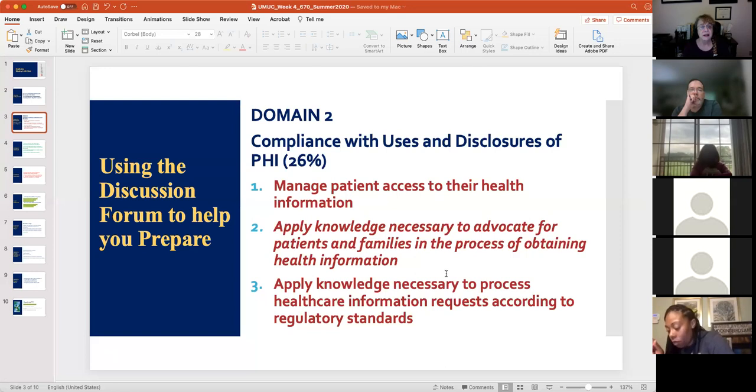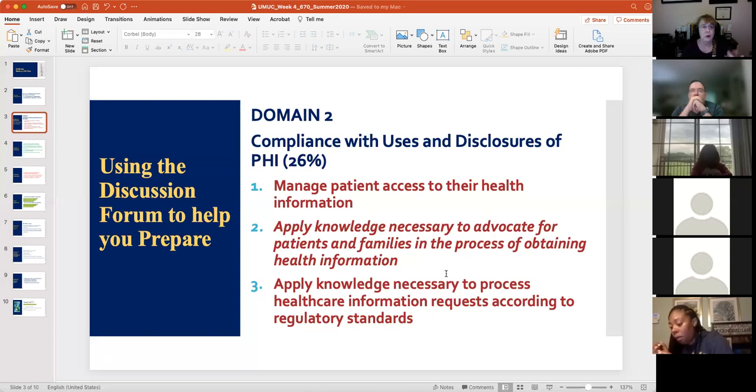Apply knowledge necessary to process healthcare information requests according to regulatory standards. Okay, so this is going to have to do with the parts of HIPAA's privacy rule that give you permission under the physician's best judgment, the facility's best judgment, the HIM director's best judgment.